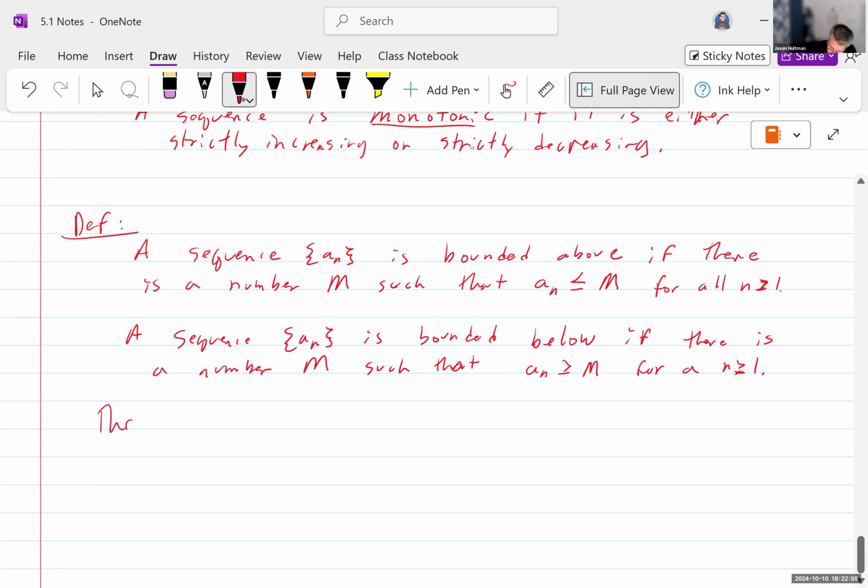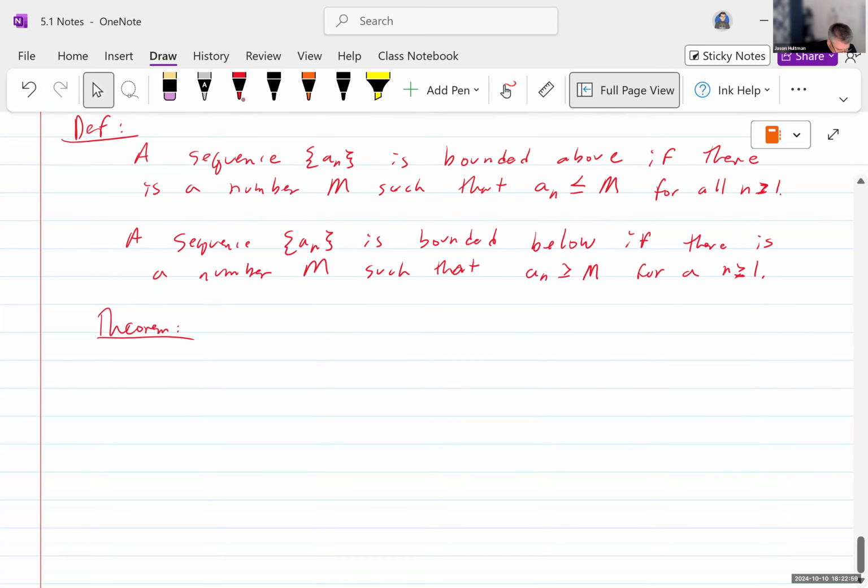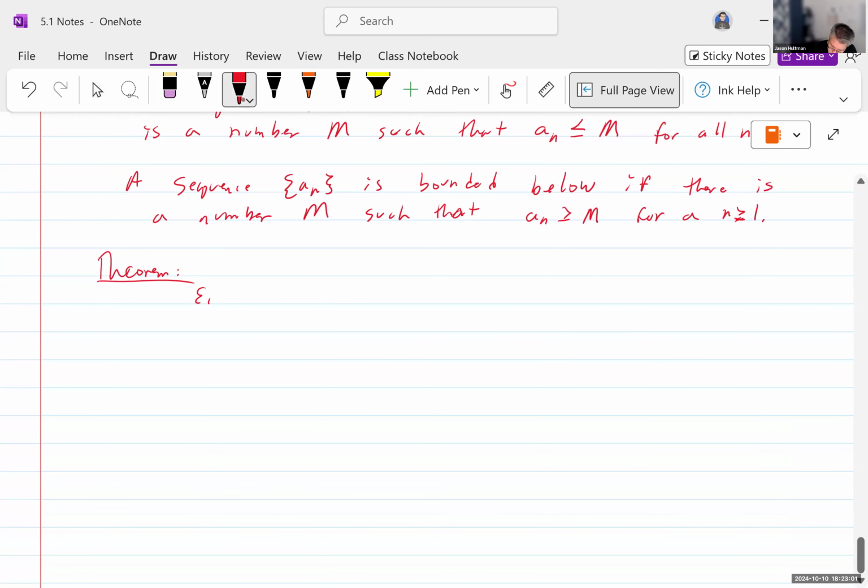Theorem: every bounded monotonic sequence is convergent.